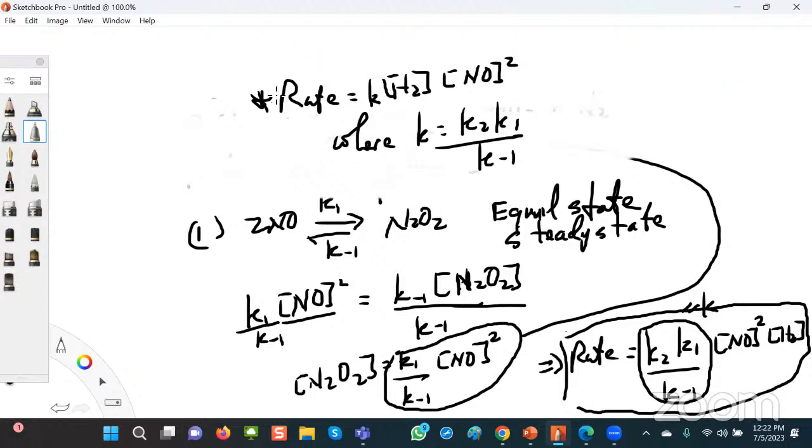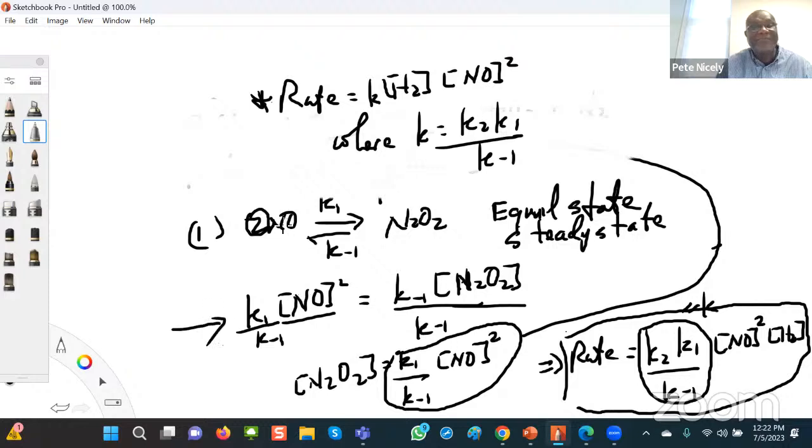I had a quick question. When you wrote the concentration of NO squared, why did you square that? I think that's on the third line. Because of this 2 right here. You see that? I think you're referring to this equation right here, right? Correct.